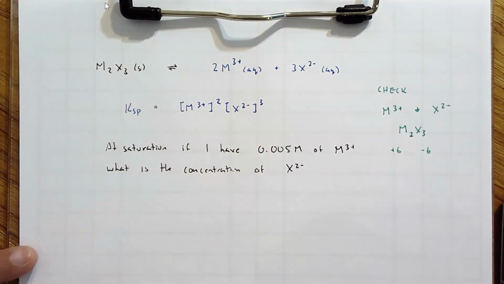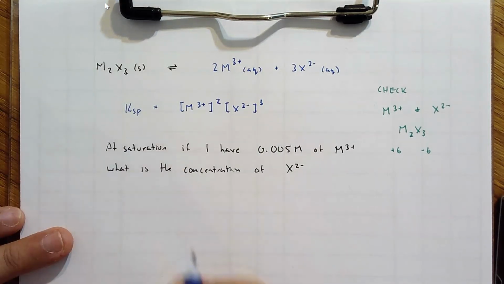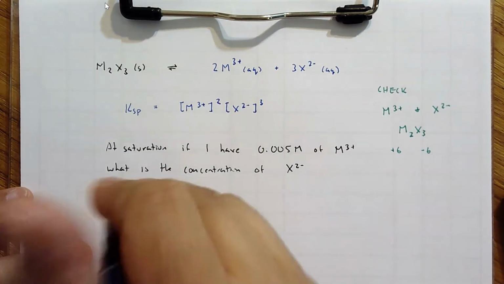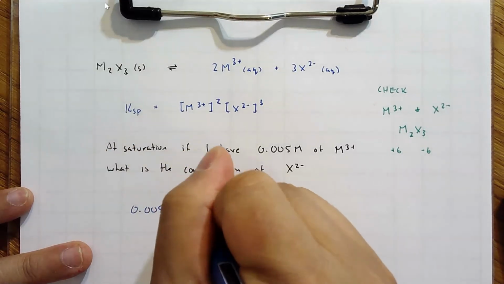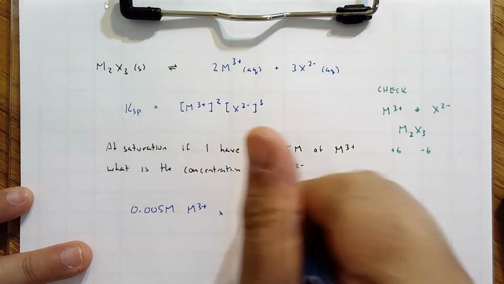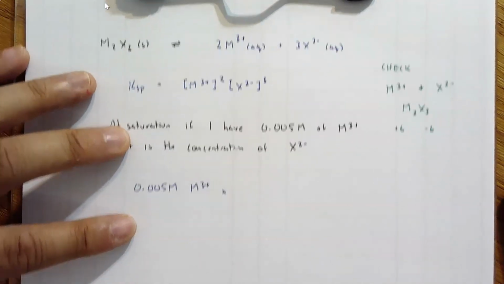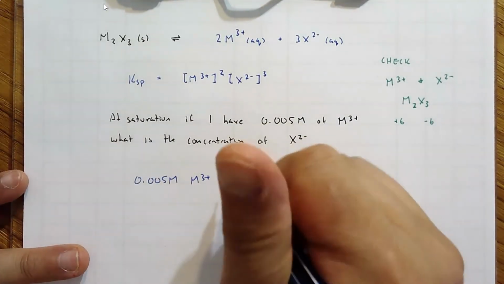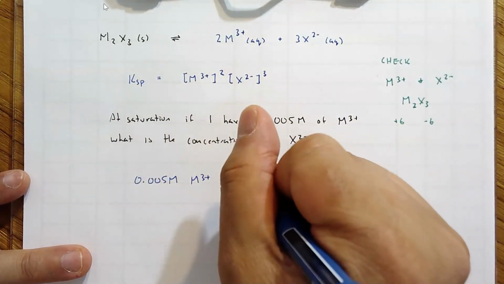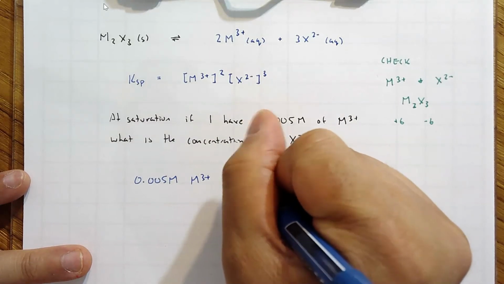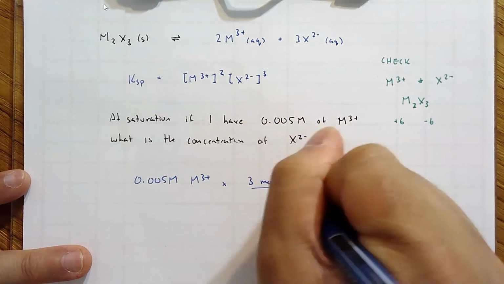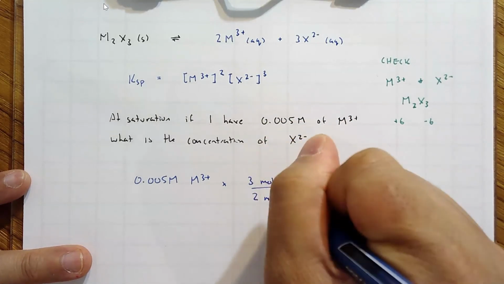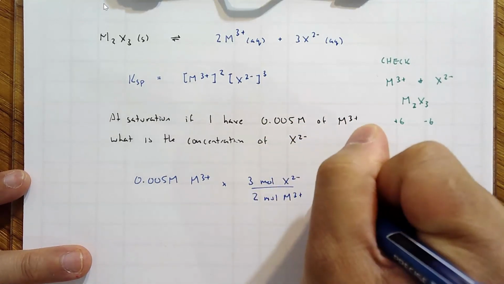Because look at the coefficients. So in this case, what would we do? We have to do maybe a mole bridge. 0.005 molar of M3 plus times, or maybe you can do this in your head. I'm sure some of you can, but I kind of worry about my ratios. For every 3 moles of X2 minus, I have 2 moles of M3 plus.